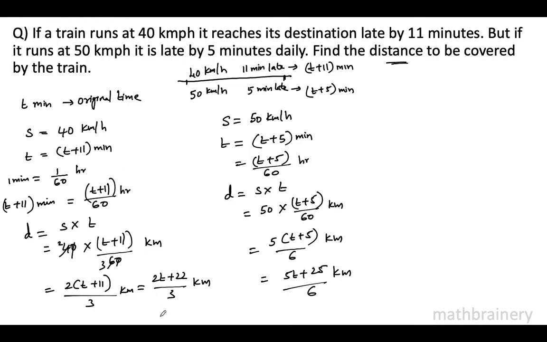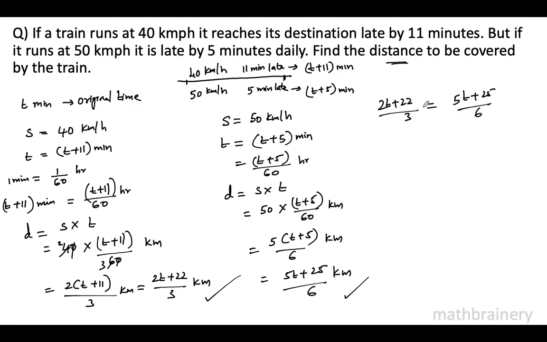Now this is the distance travelled by the train when the speed is 40 kilometers per hour, and this is the distance travelled by the same train at 50 kilometers per hour. These two must be equal because we are talking about the same train traveling the same distance. So equate these two. You get 2t plus 22 by 3 is equal to 5t plus 25 by 6.